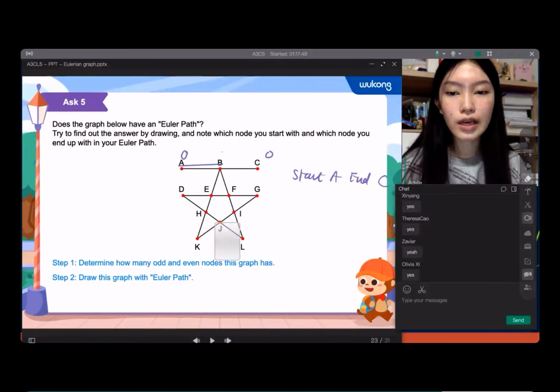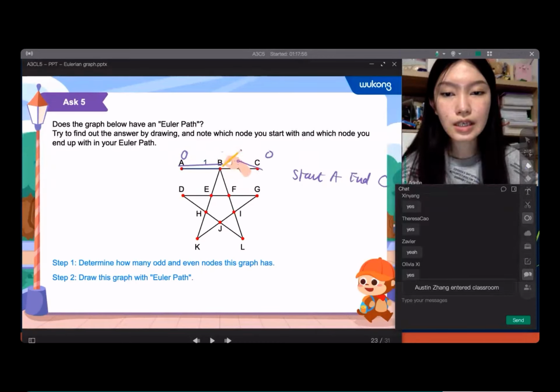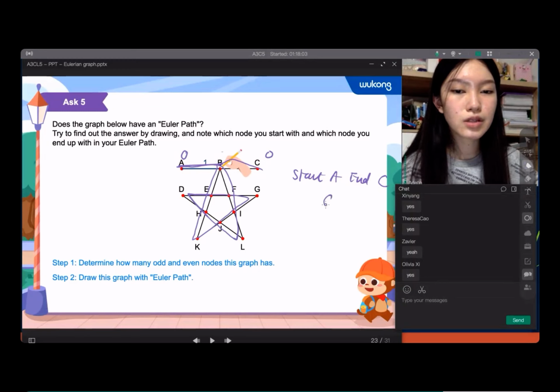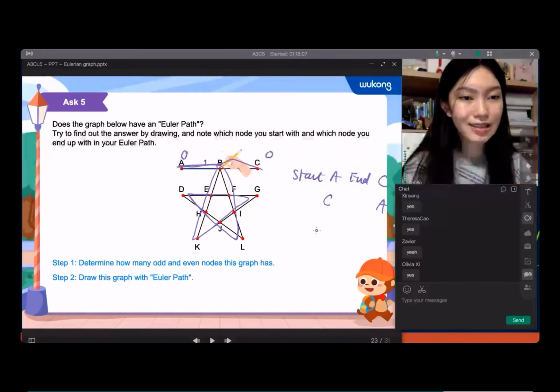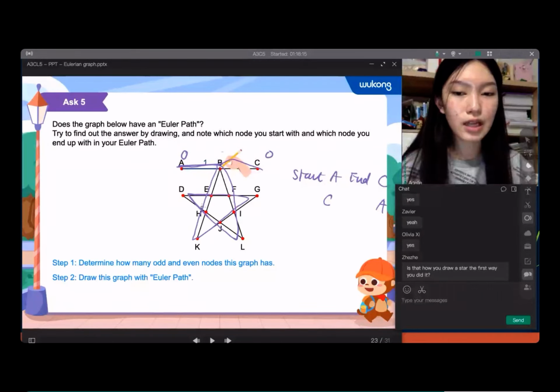Can I do it another way? What if we start with C and we go like this, and we will end with A. So we could also start with C and end with A. But the key point is we will start and end on different points. Does that make sense? Oh yes, Jojo, you can draw like that, like the first way that I did it.